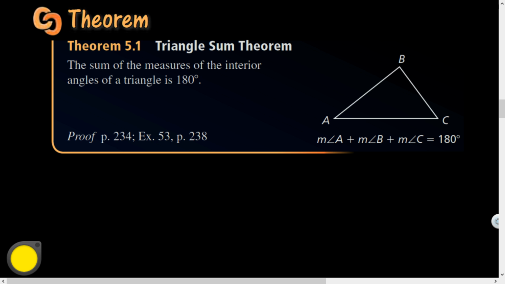So the sum of the measures of the interior angles of a triangle is 180 degrees, right? So measure of angle A plus measure of angle B plus measure of angle C is 180 degrees. You guys actually might even know some stats about the interior angles of other convex polygons. I don't know if you know those, like what the sum of the interior angles of a quadrilateral or a pentagon or a hexagon are.